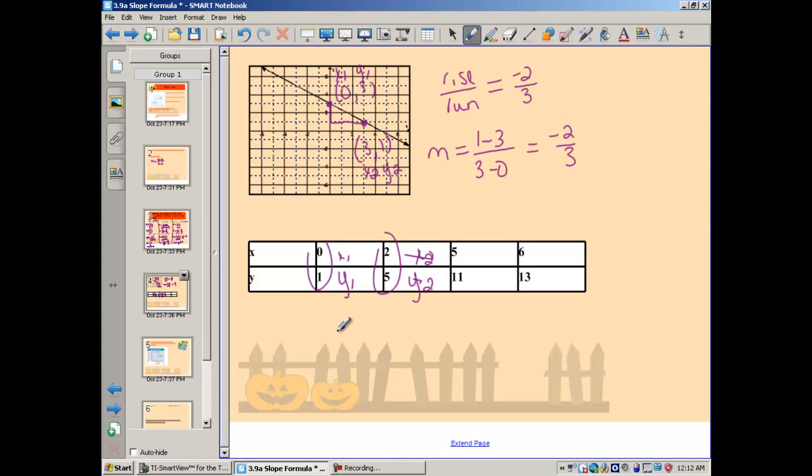So you subtract, just like before. 5 minus 1 over 2 minus 0 gives me 4 over 2, which reduces to 2. So the slope of this line is 2.